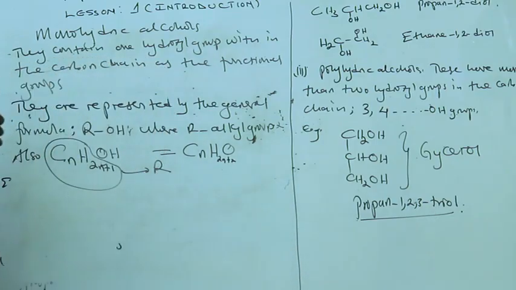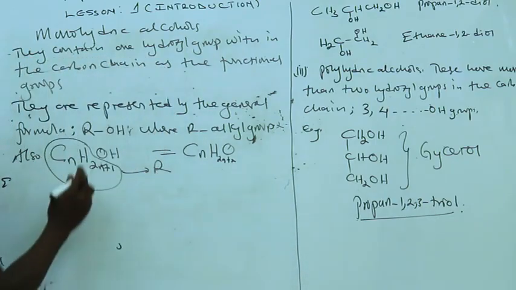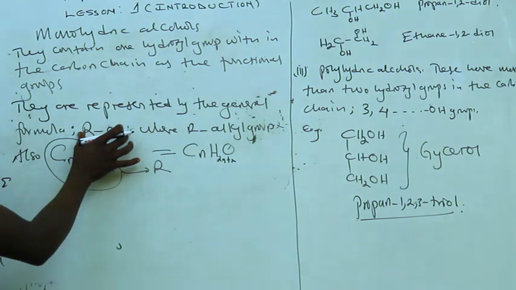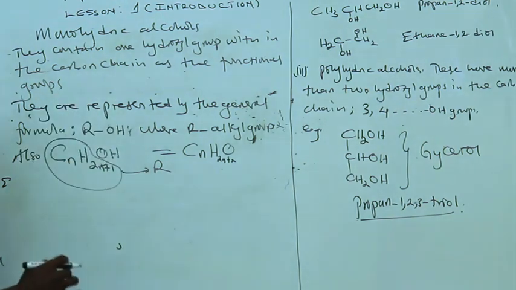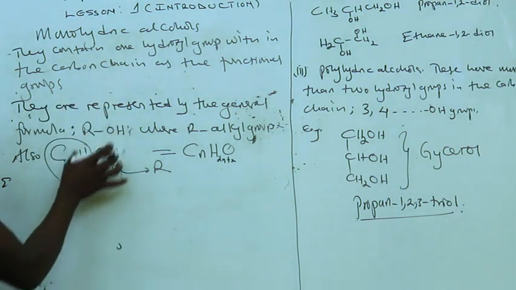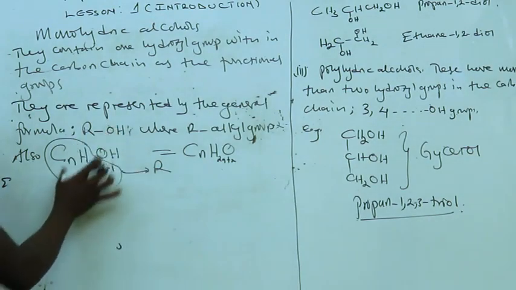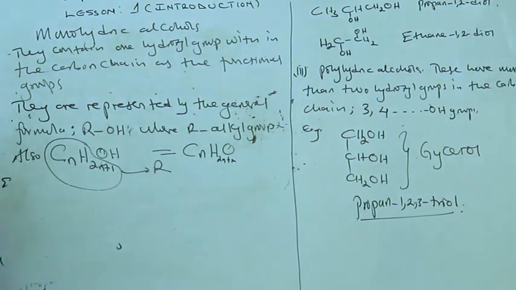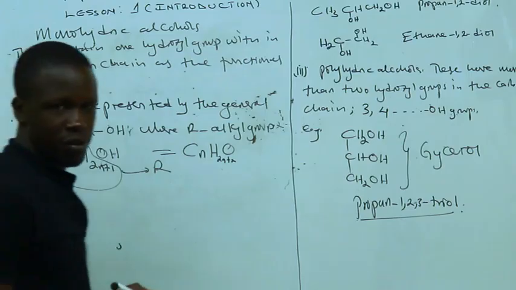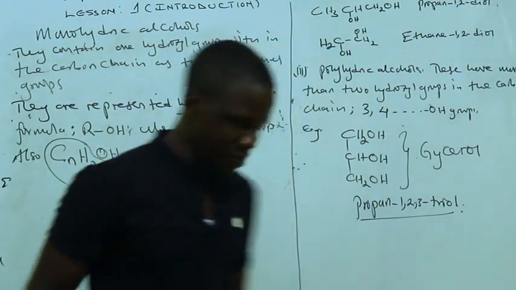Either way, if we can remember that alcohols are represented as ROH, this is a better way of representation, to always know that there must be a functional group called the hydroxyl group.